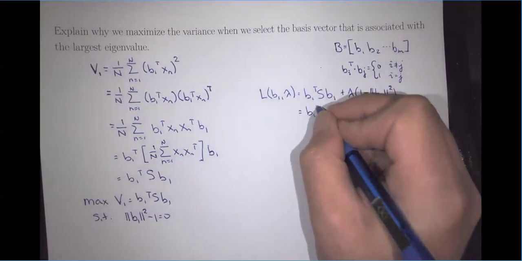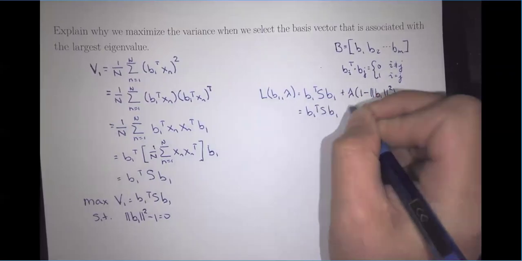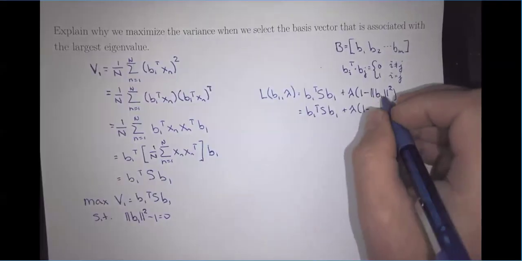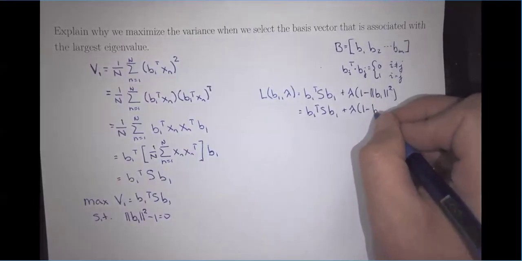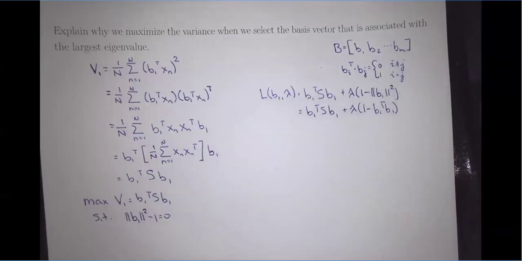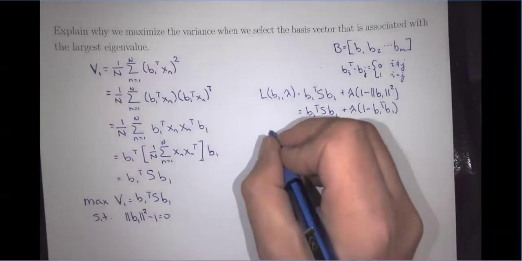So that's B1 transpose S B1 plus lambda times 1 minus B1 transpose B1. And now we can differentiate.